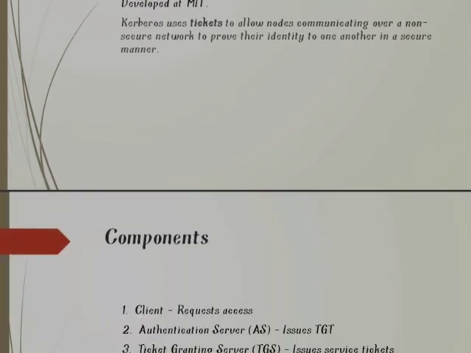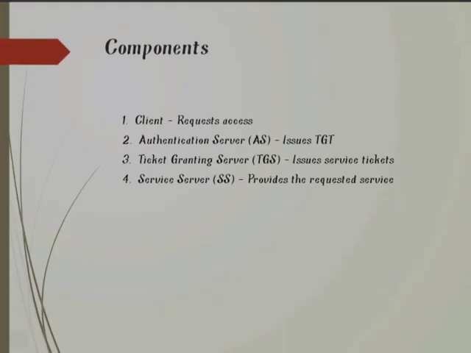Let's take a look at the four main components. First, the client. This is typically the user or a device trying to access network resources. Second, the authentication server. This server receives the initial request and verifies the user's credentials. If correct, it issues a ticket granting ticket. Third, the ticket granting server.